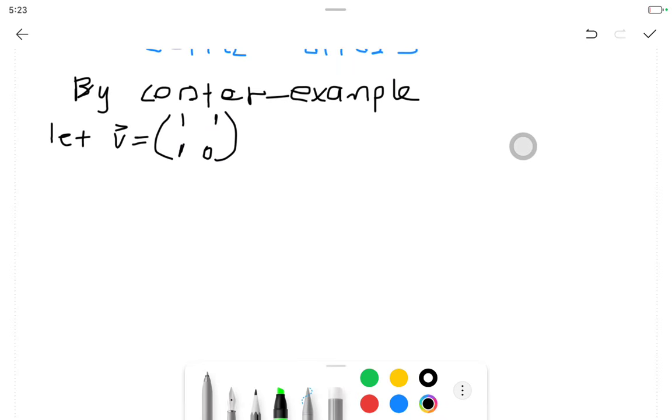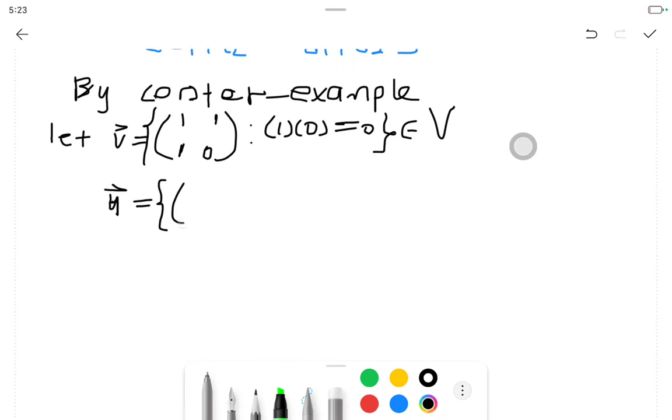And then this will happen such that we know that 1 times 0 will give us 0. You see, right? This will be an element of V. So again, if we take U to be, let's say now this one is 0, this is not 0, such that 0 times 1 is equal to 0, which is an element of V.